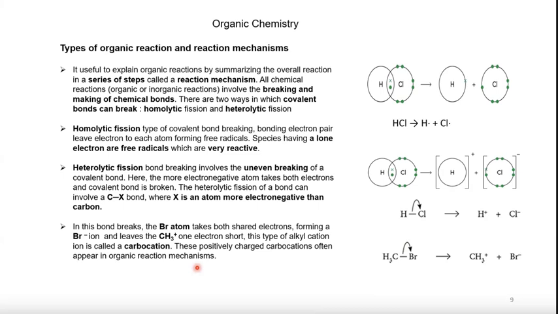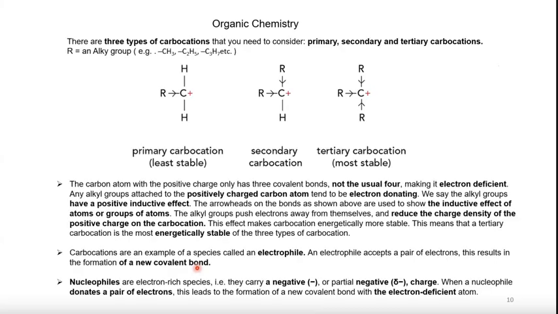In the next slide, we will talk a bit about three types of carbocations, specifically primary, secondary, and tertiary carbocations, their stability and how they form. We will take these in the next lecture.